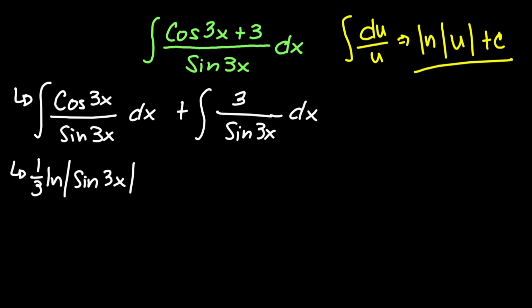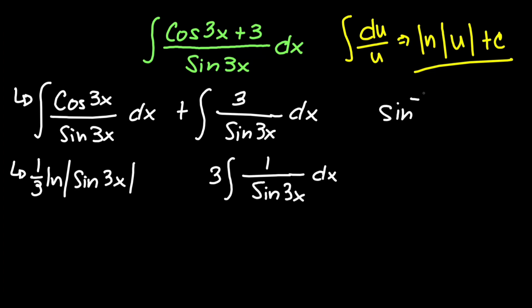First, we can put 3 outside the integral. So this would be equal to 3 integral of 1 over sine 3x dx. So how can we solve this? We must know the properties of trigonometric identities.